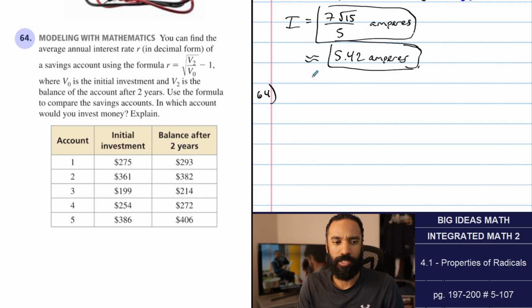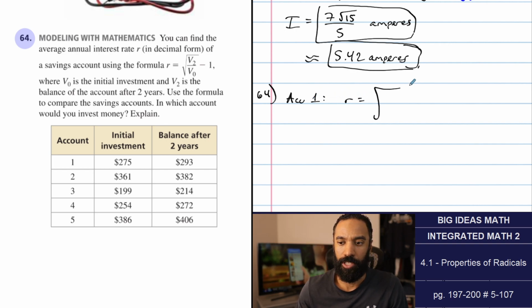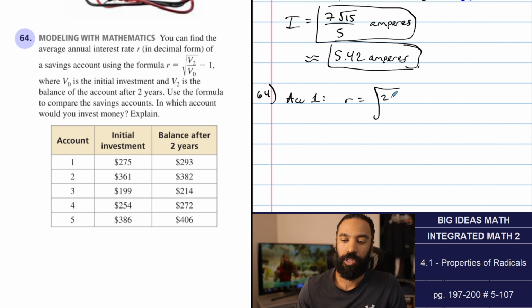So I don't know if I want to write some stuff within, I guess. So account 1, we're going to be doing R equals, and listen, I'm not going to simplify all of these. I'm just going to compute them. So 293, that's the final after 2 years, over 275 minus 1. We'll see what that becomes.